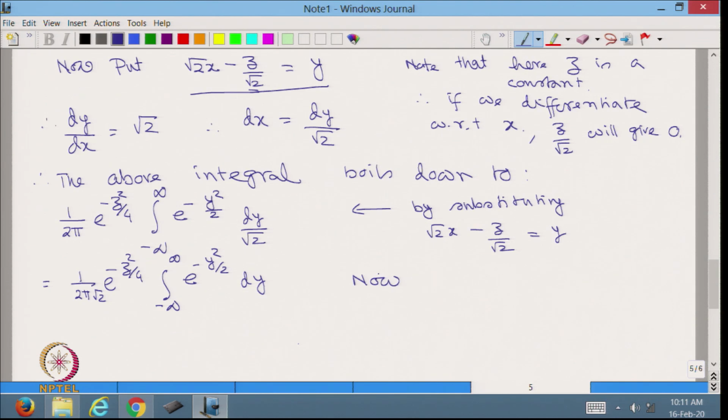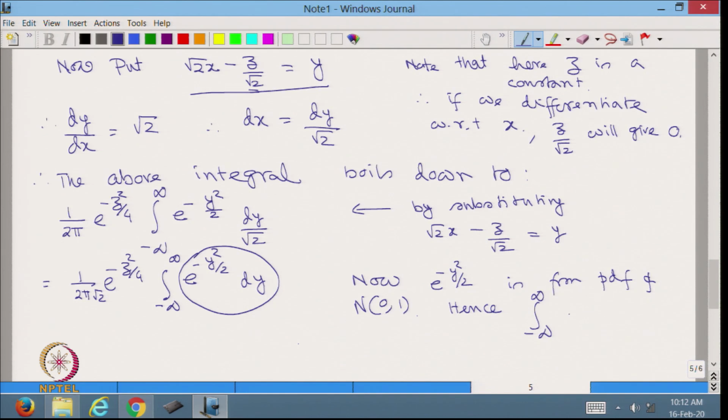Now, this term e to the power minus y square by 2 is from the PDF of normal 0 1. Hence, the integration from minus infinity to infinity of e to the power minus y square by 2, dy will give us root over 2 pi.